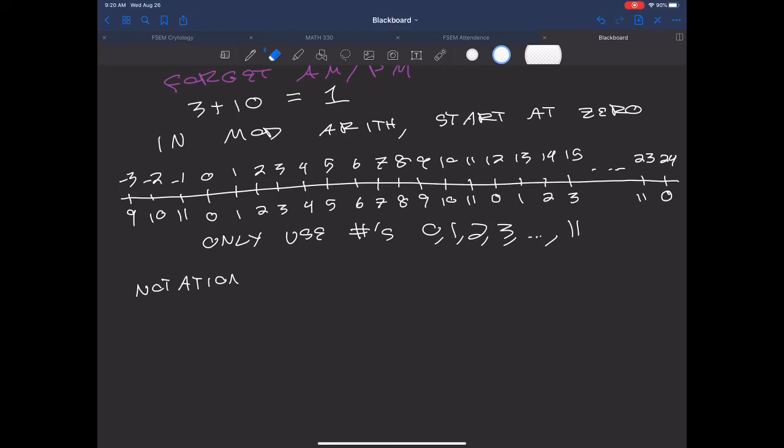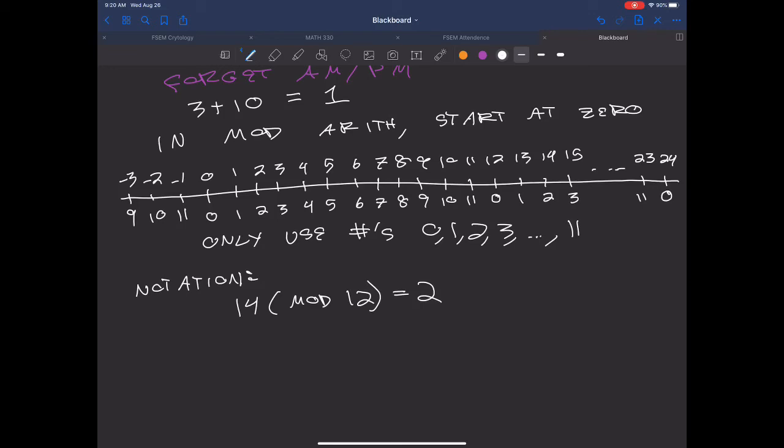So the way that we write this is 14 mod 12 is equal to 2. All right, so we add this mod 12 in parentheses to state that, okay, we are wrapping our numbers once we get to the number 12.